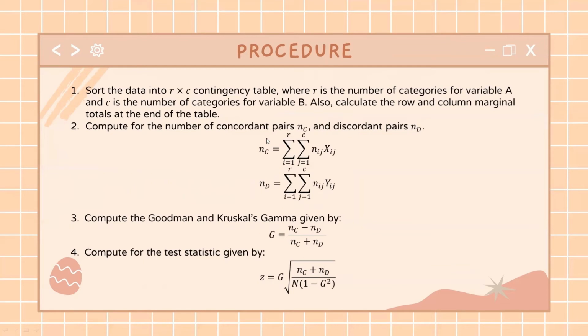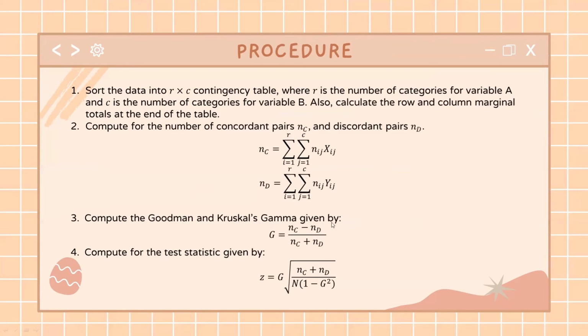Second, compute the number of concordant pairs n sub C and discordant pairs n sub D, where n sub C is equal to the double summation of small n sub ij times big X sub ij, where big X sub ij is the summation of the scores that are below and to the right of n sub ij, while n sub D is equal to the double summation of small n sub ij times big Y sub ij, where big Y sub ij is the summation of the scores that are below and to the left of n sub ij.